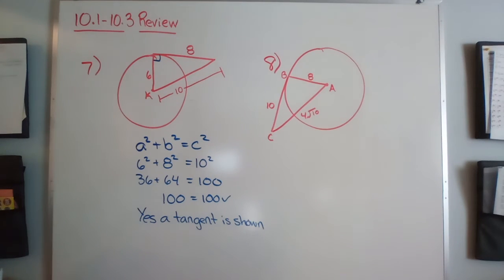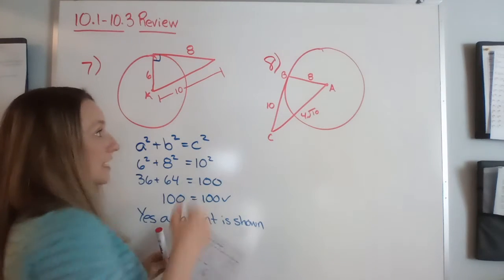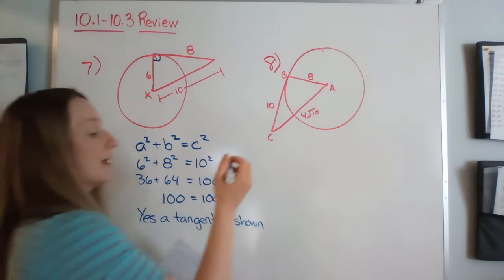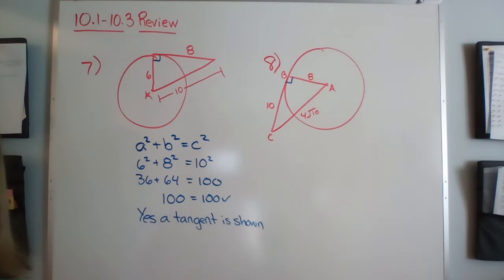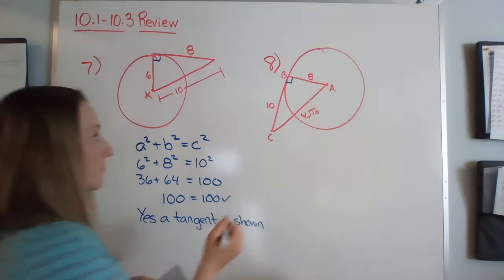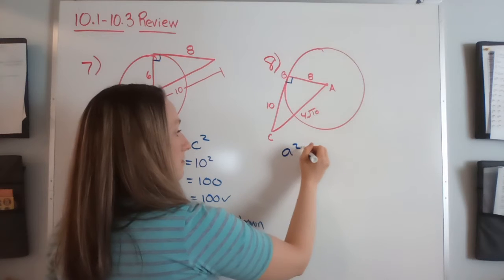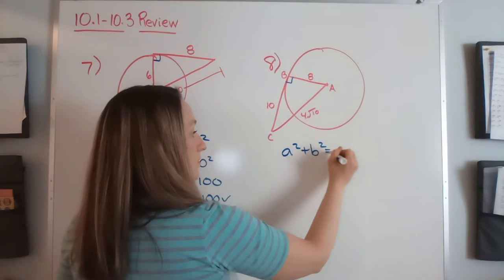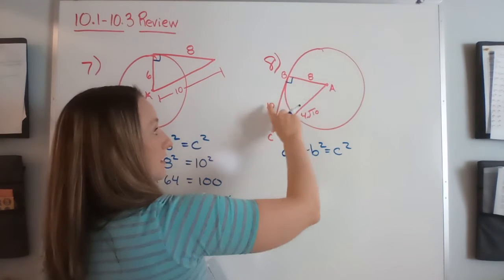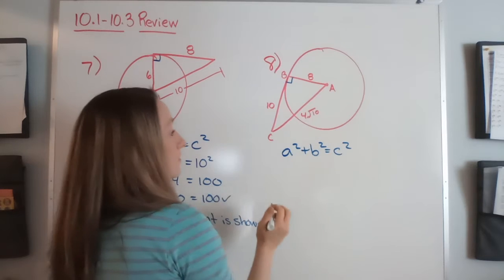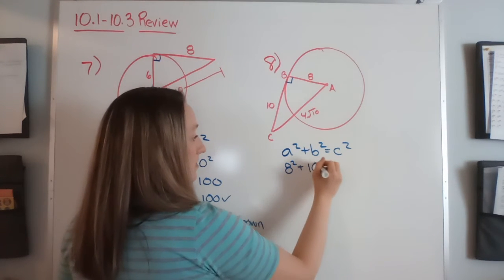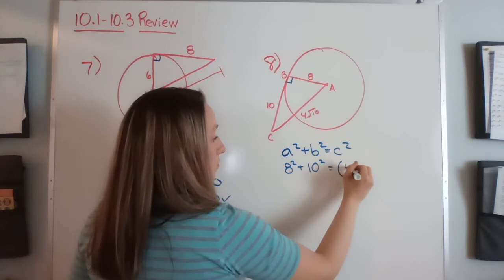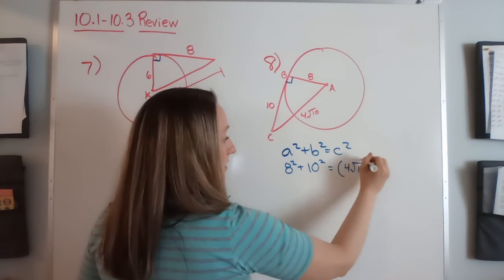We're asked whether or not CB is a tangent. So if it is, that means I would have a right angle here, which means I would have a right triangle. So we're again going to check the Pythagorean theorem. Okay, so a squared plus b squared equals c squared. Your a and your b are 10 and 8. Your c is 4 root 10. So I have 8 squared plus 10 squared equals 4 root 10 squared.